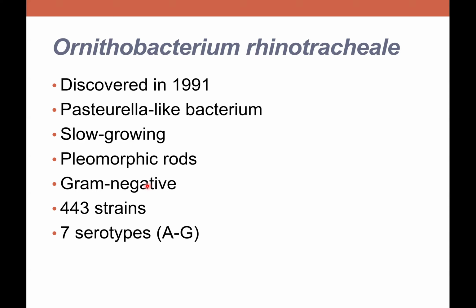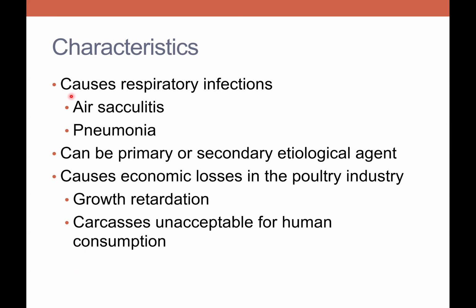rhinotracheale. Okay, so this is a Pasteurella-like bacterium, kaya tinidiscuss natin siya together with the Pasteurella. It's a slow-growing bacteria with many, many strains and serotypes. It's an important bacteria because it causes these respiratory infections that can lead to massive economic losses in the poultry industry.